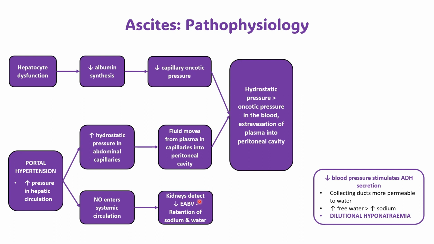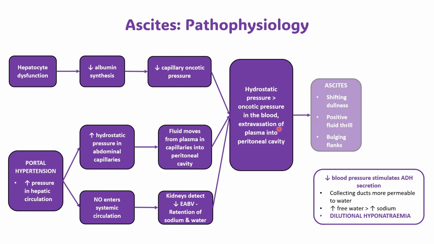The kidneys detect a lower effective arterial blood volume, so they retain water and sodium. And again, it's going to result in the hydrostatic pressure being greater than the oncotic pressure in the blood, and therefore movement of the plasma into the peritoneal cavity. And then we're going to end up with ascites.